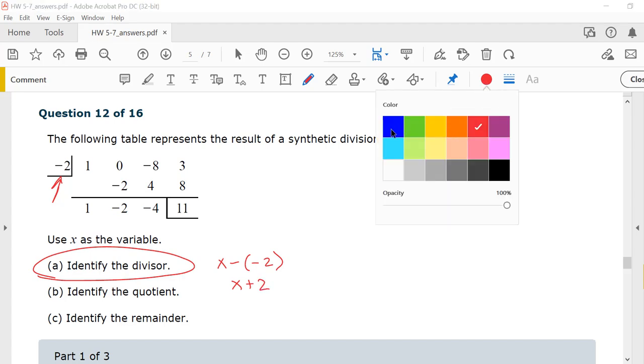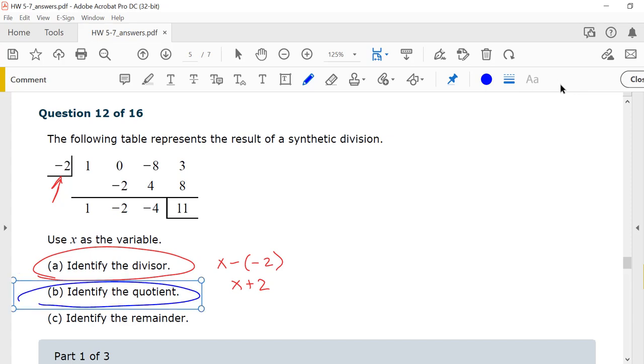Identify the quotient. For the quotient, you get that down here. You get that down there, and it's going to be constant, x, x squared. I'm going to go ahead and put an x there and an x squared here. The quotient will be 1x squared minus 2x minus 4.